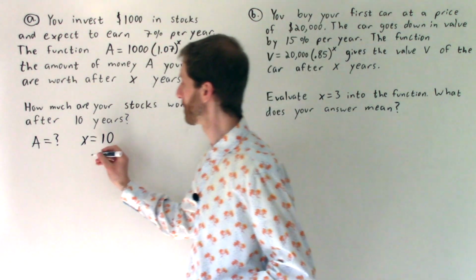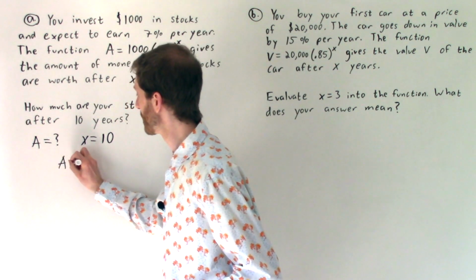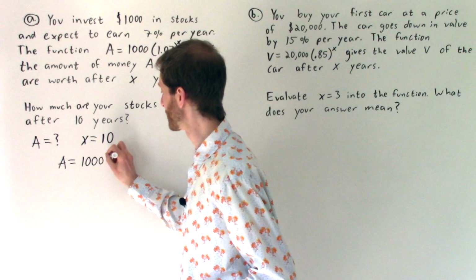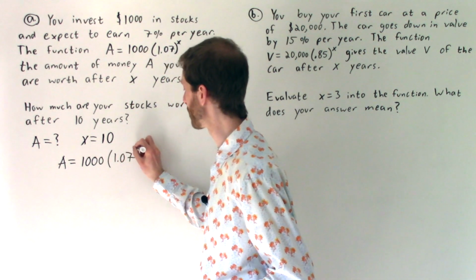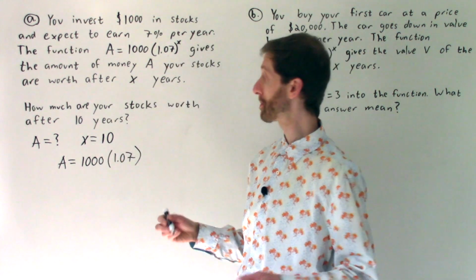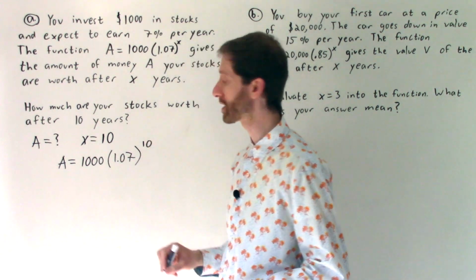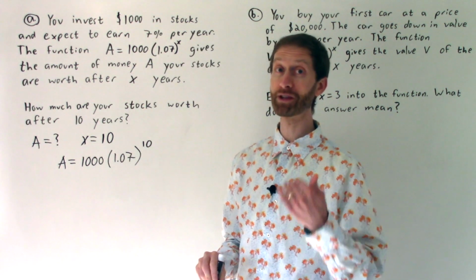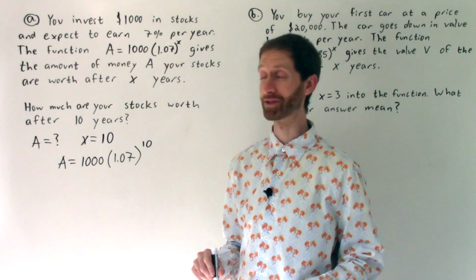So we'll do that. We'll take this equation and you get that the amount A is equal to 1,000 times 1.07 all raised to the power of 10. We'll replace x with 10. Those exponential functions, remember the inputs are now going to be your exponents. Very cool.